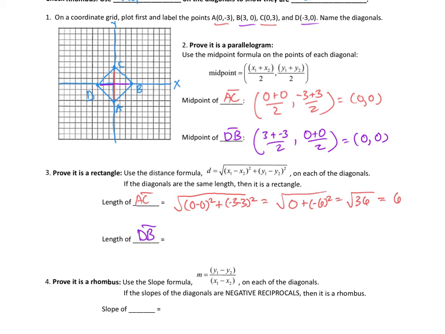DB, in this case, we have 3 minus negative 3 squared plus 0 minus 0 squared. 3 minus negative 3 turns into a positive. So this is 6 squared plus 0, the square root of 36, which is also 6. So these are the same.